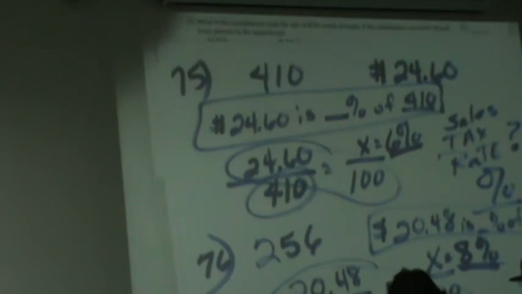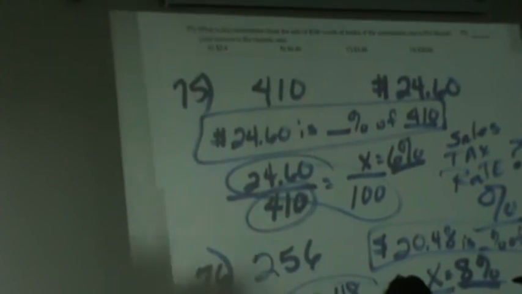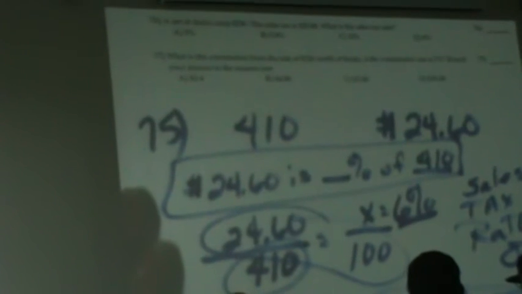Number 77. What is the commission from the sale of 120 worth of books if the commission rate is 3%? So the commission is 3% of the sales.